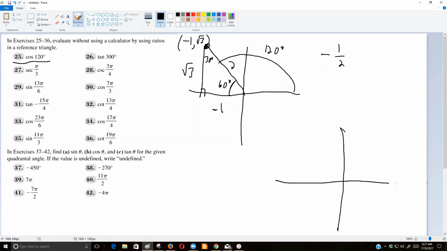Now, if you want to work on the unit circle, the only thing that's different about this is, let's see here. The unit circle means the hypotenuse is 1, which means if this is the 60-degree angle, this is half the hypotenuse times the square root of 3.